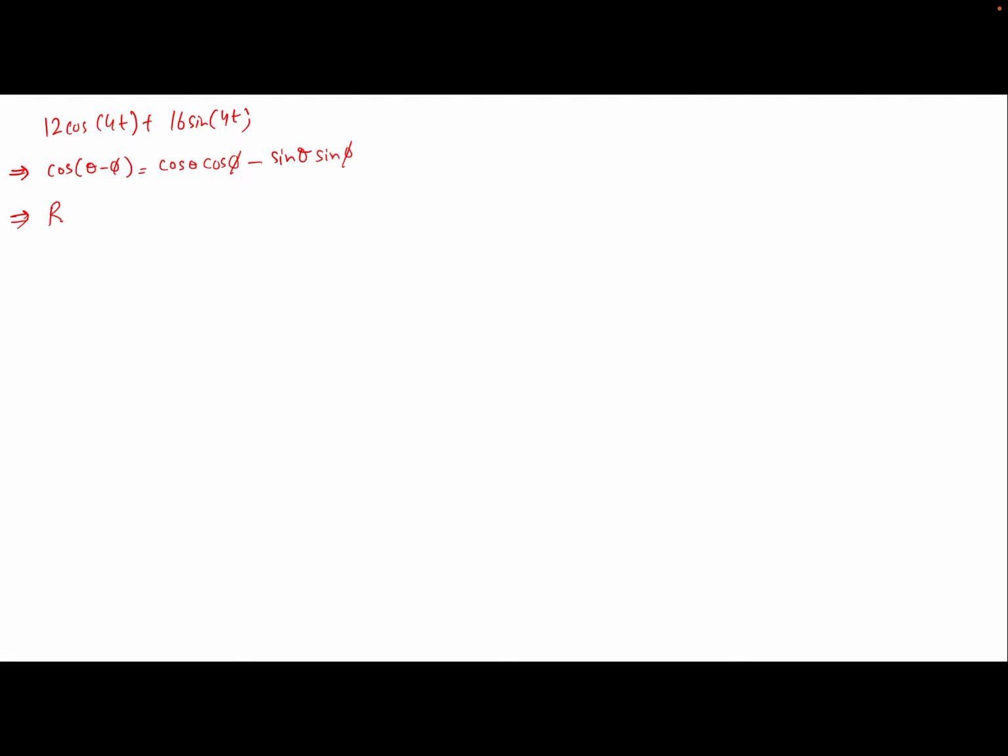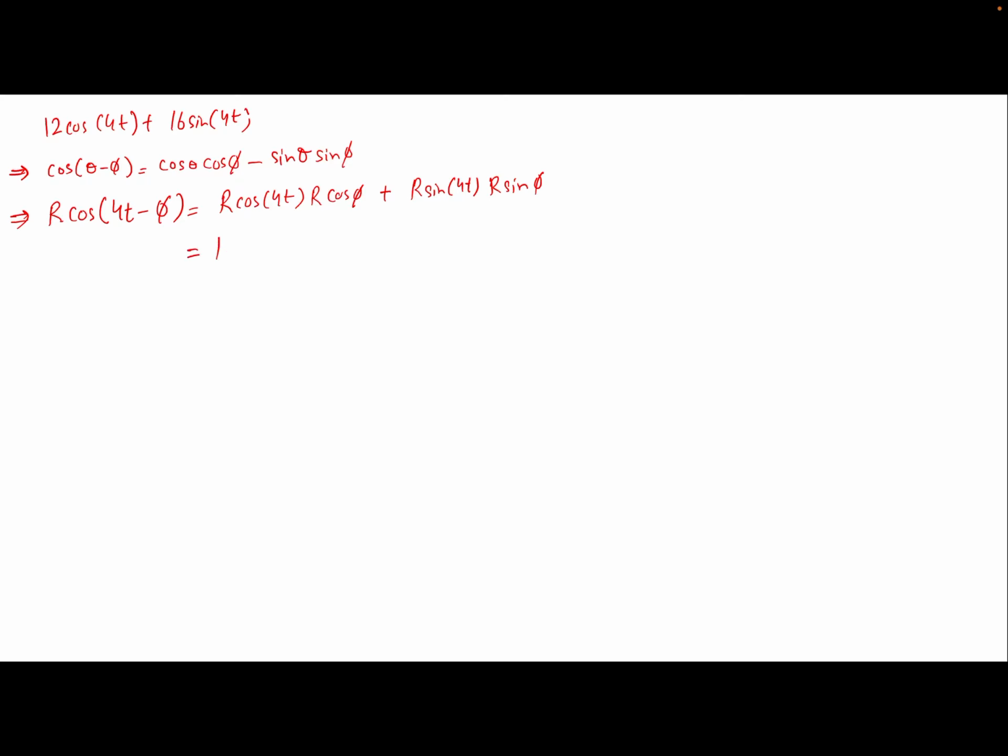R cos of 4t minus phi equals R cos of 4t cos of phi plus R sine of 4t sine of phi.